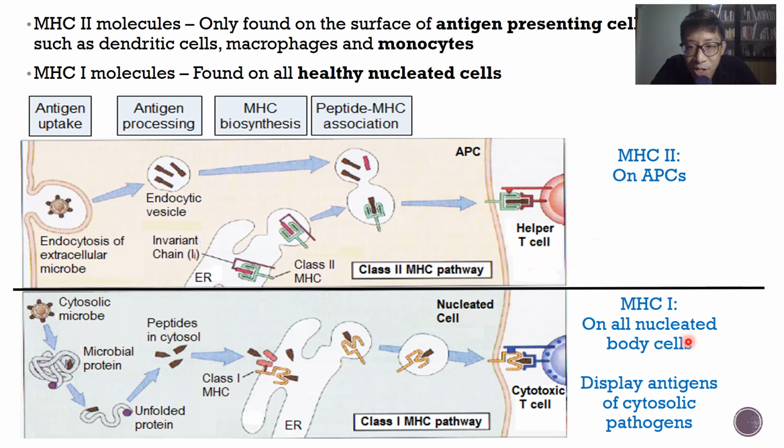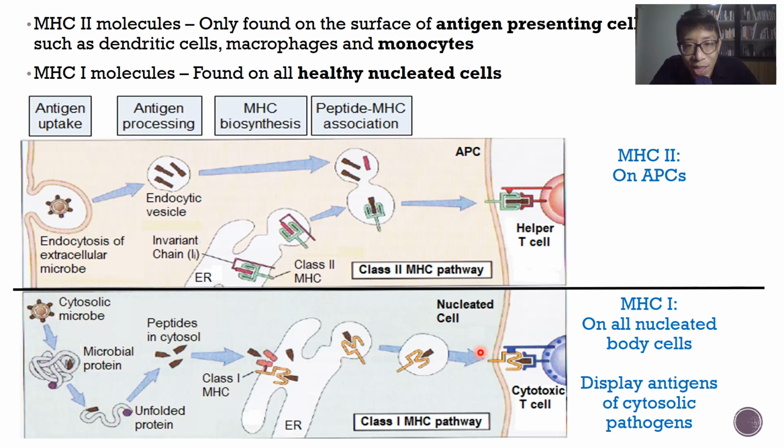For the MHC class 1, they do not present antigens from phagocytosed pathogens, because not all our cells do phagocytosis. What they present would be antigens that are synthesized inside the cells. Why would there be antigens synthesized inside the cells? That would happen if our cells are infected.